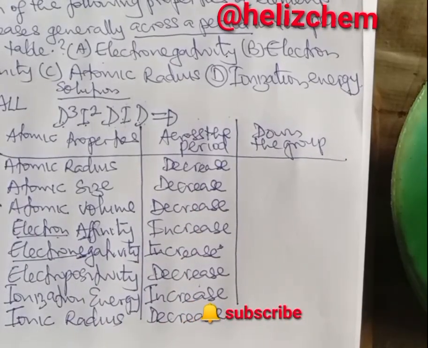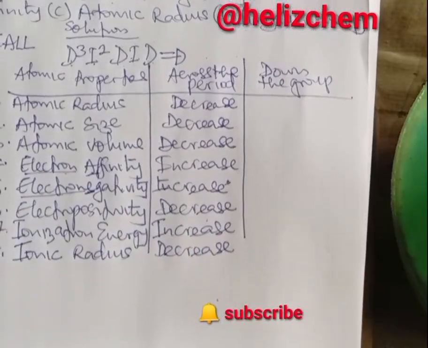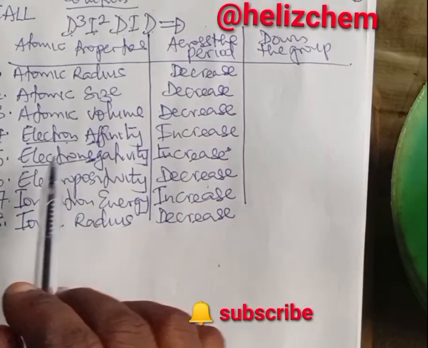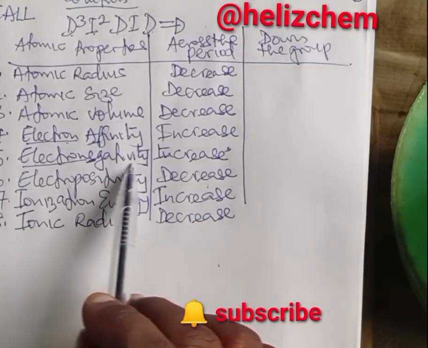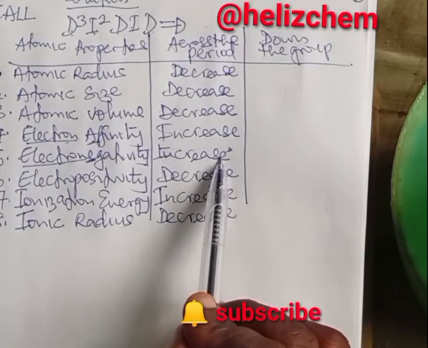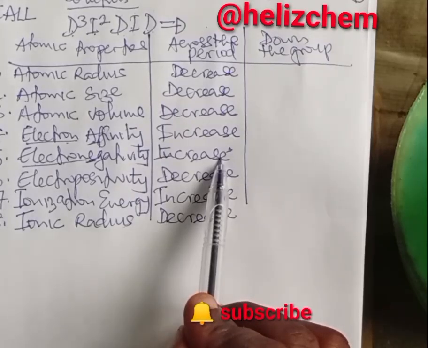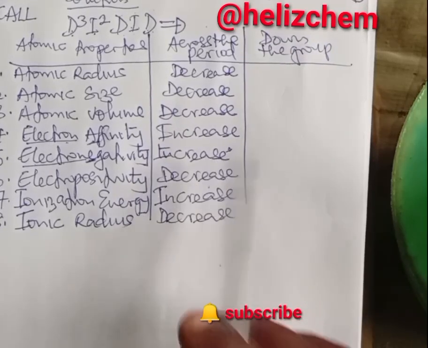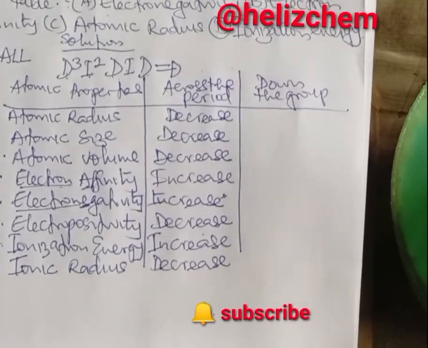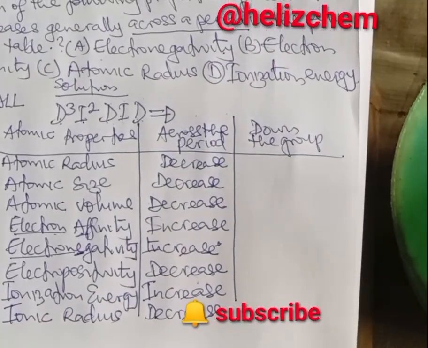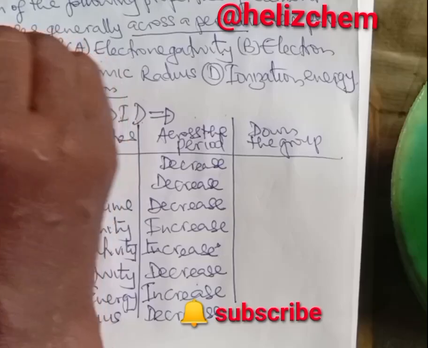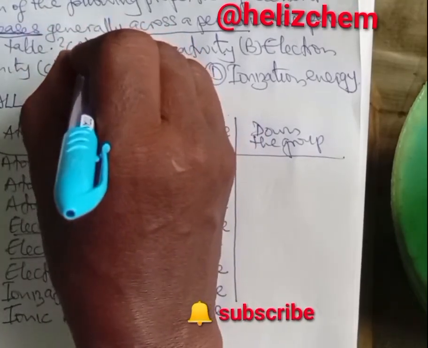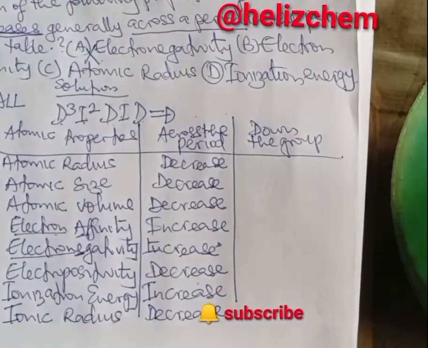Let's look at how electronegativity varies across the period. You will see that electronegativity increases across the period. But the question says, which of the following elements decreases? So that means option A is not correct.